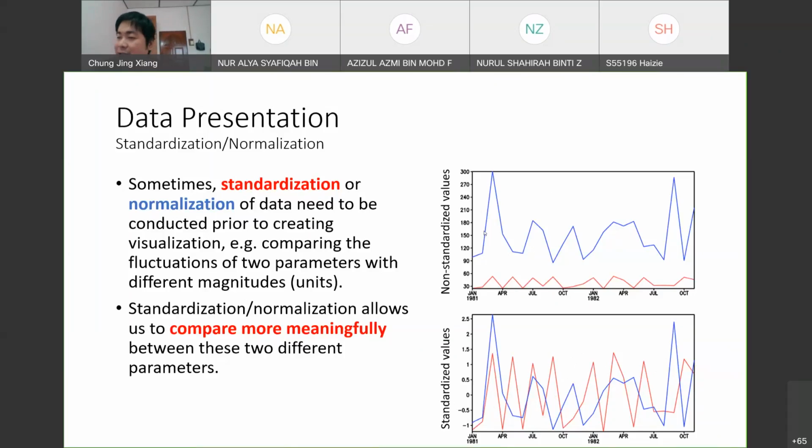If you don't standardize, blue fluctuates a lot and red may be just one straight line. You don't know how different or how similar they are. But if you standardize, you can see their fluctuation is comparable. Of course, the blue one is still slightly stronger, but you can compare them now.